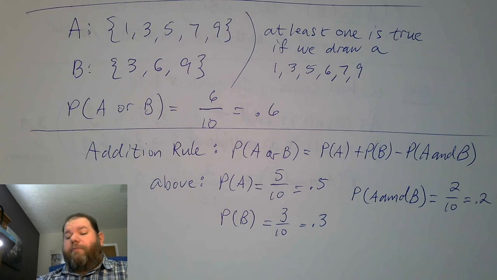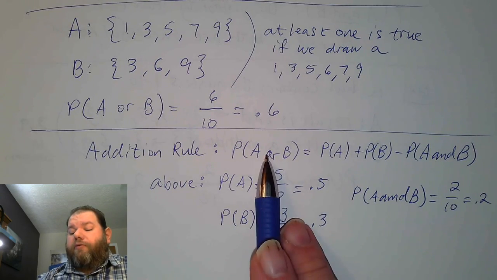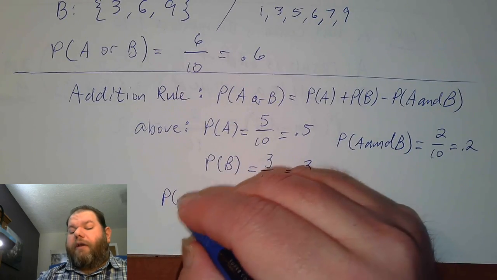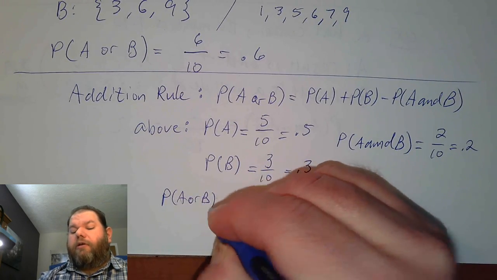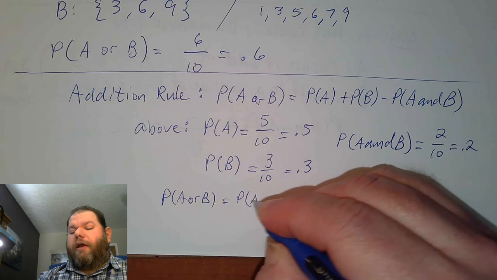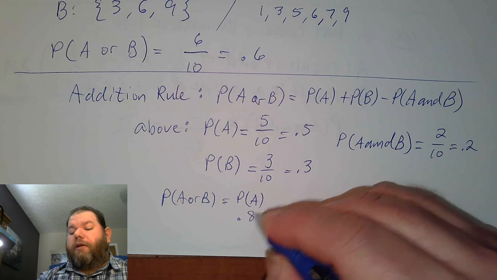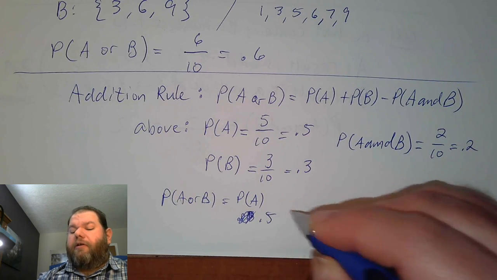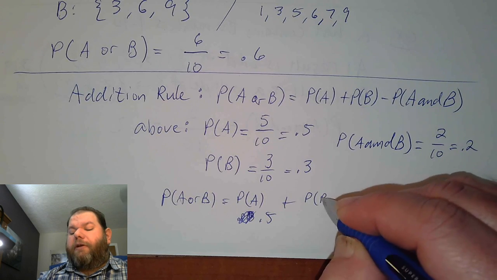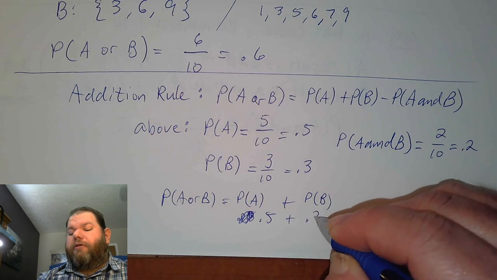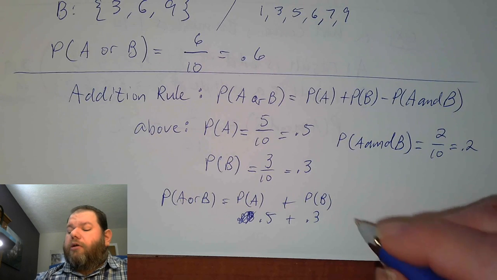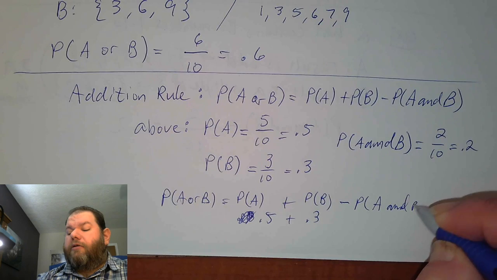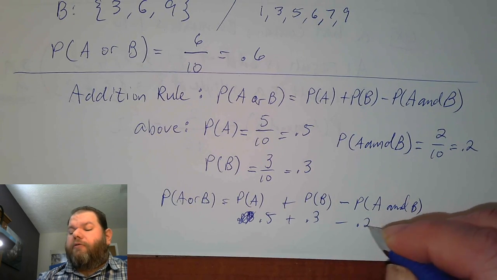And so finally, we can put those together according to our addition rule. So we'll say the probability of A or B is equal to the probability of A, which is 0.5, sorry, I'm getting ahead of myself, plus the probability of B, which is 0.3, that makes 0.8, and minus the probability of A and B, which was 0.2.